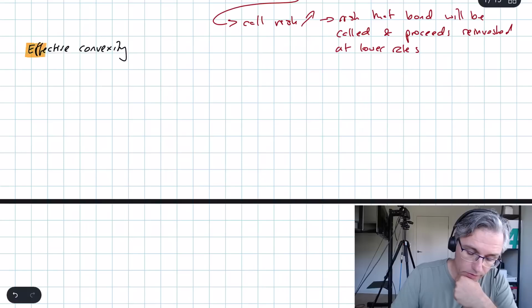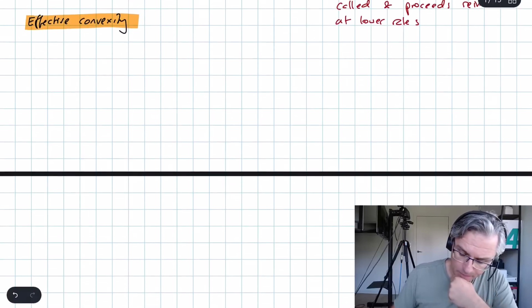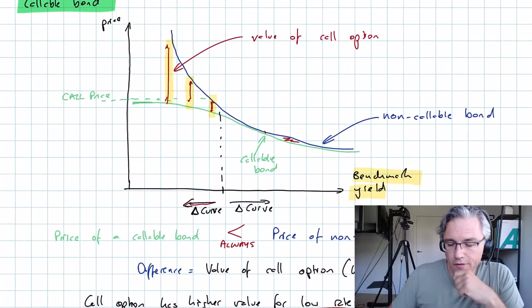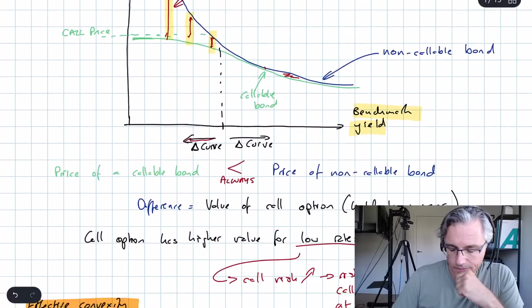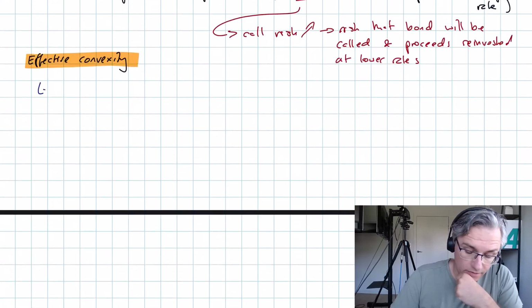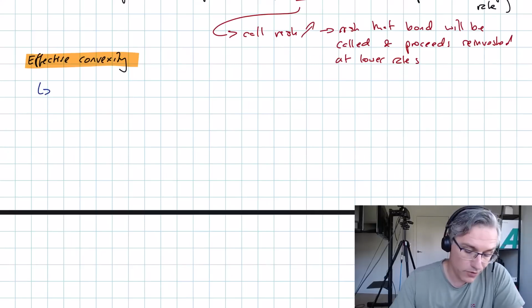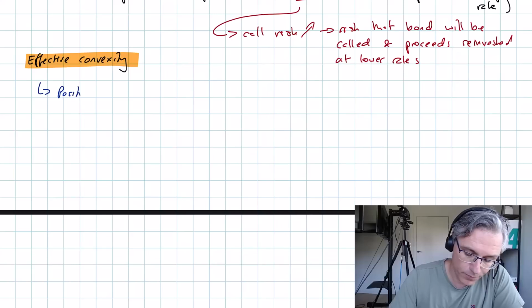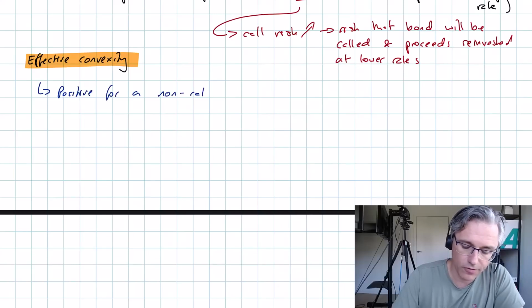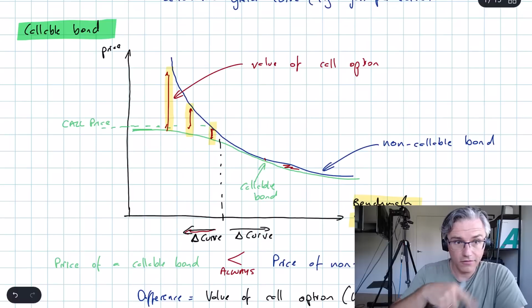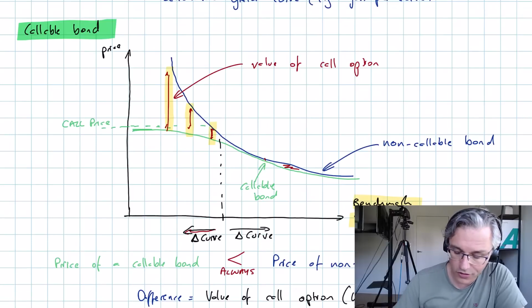Okay, let's now jump over to effective convexity as the second point. And look, as you can see, for a non-callable bond, effective convexity is basically always positive. The curve absolutely stays convex. The shape of the curve does not change.